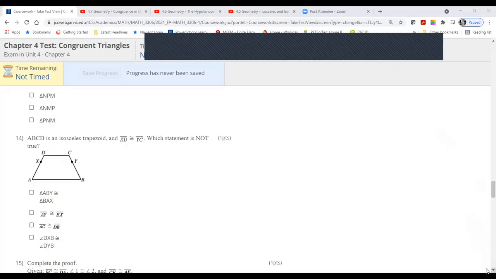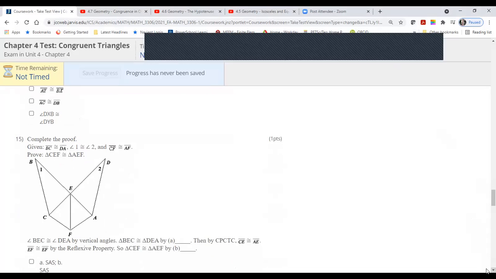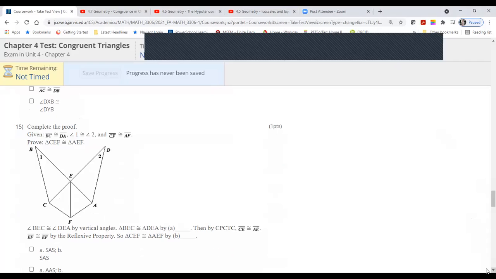Okay, so again, you need to complete the proof also, okay? It's given BC equivalent to DA, and then this angle equivalent with this angle, and then CF, this one, equivalent with this one, okay?